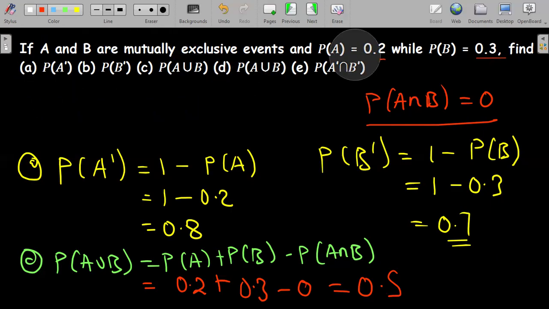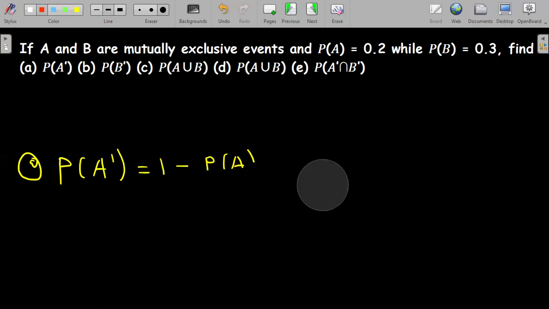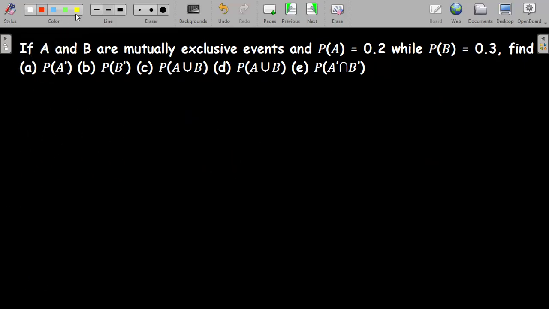Okay, so let's take a look at the last question there. The last question involves some first year thing. So the probability of A complement intersection B complement.